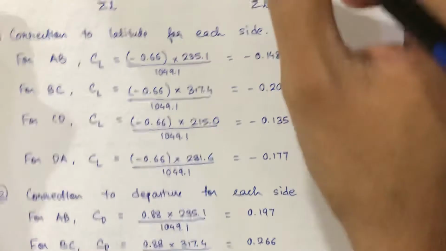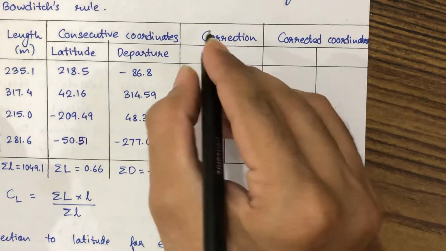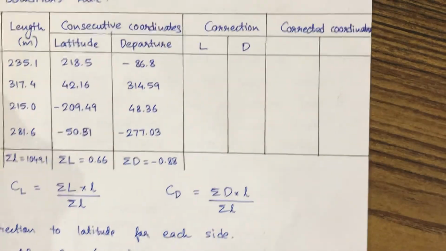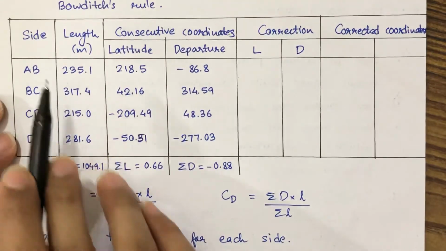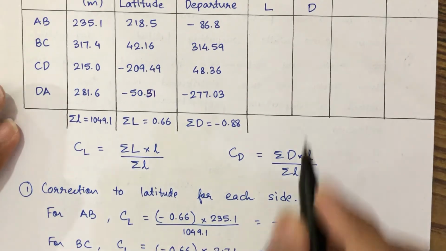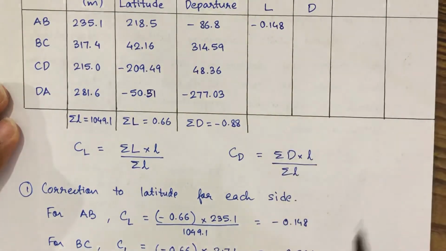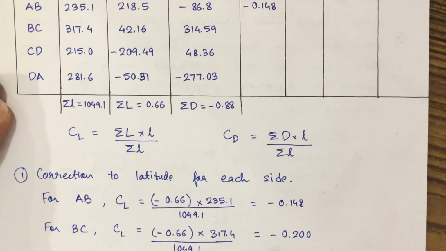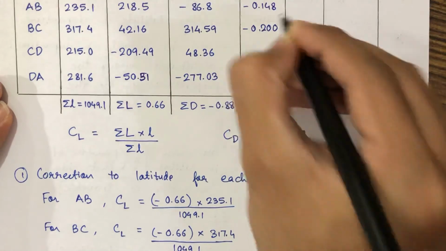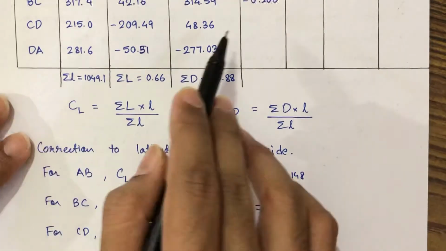Now we have calculated the correction to latitude and the correction to departure. So these values we have to write down over here, in the correction column. For AB, the latitude value came out to minus 0.148. For BC it is minus 0.200. For CD it is minus 0.135.